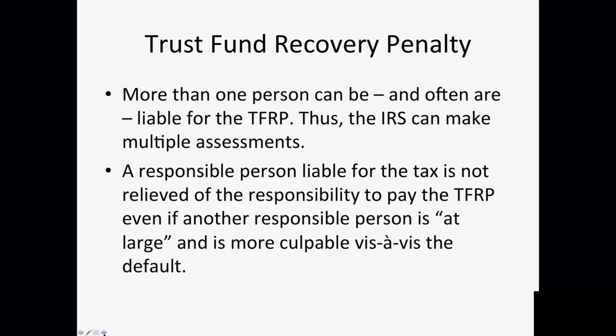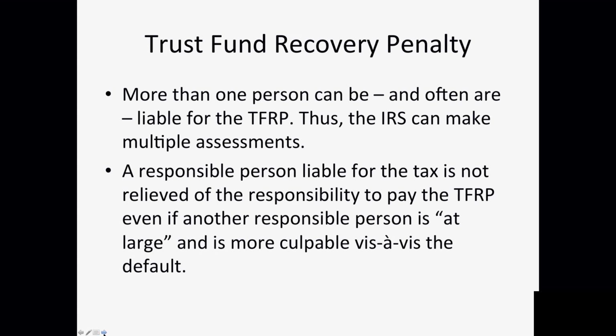The IRS has the discretion to pursue anyone who they deem is responsible. And sometimes there's other people that are even more responsible that the IRS doesn't pursue, yet goes after the small fry.